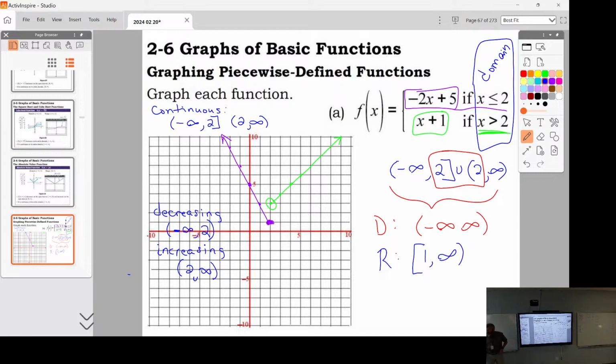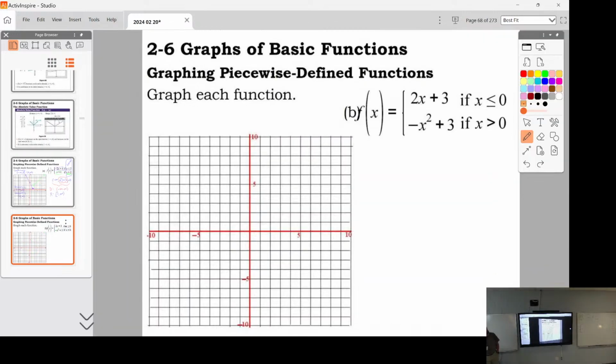Let's do another piecewise function because I know you love them. Two x plus 3 if x is less than or equal to 0. Negative x squared plus 3 if x is greater than 0.